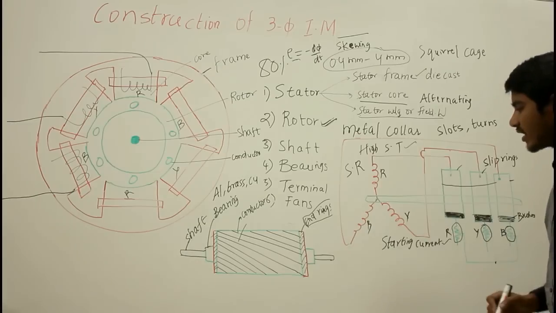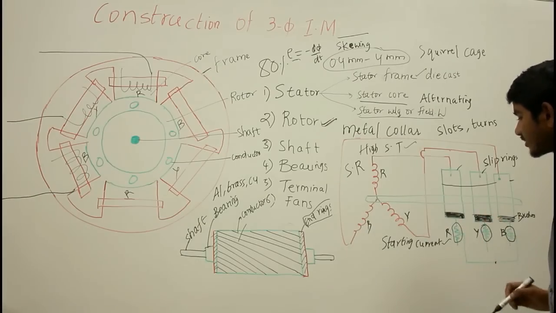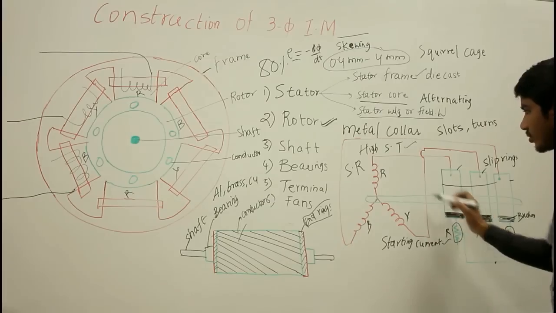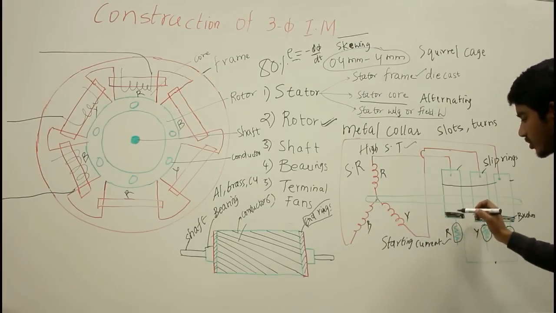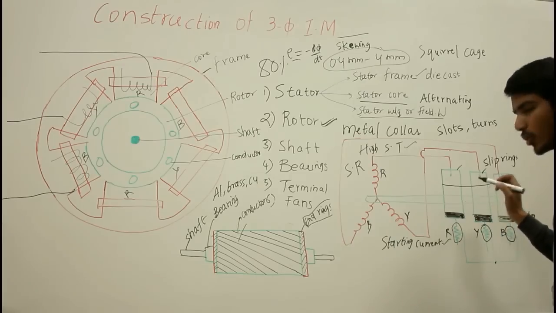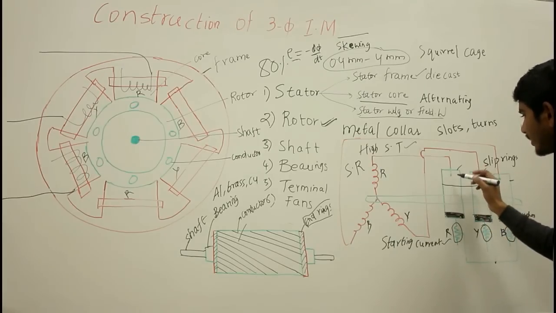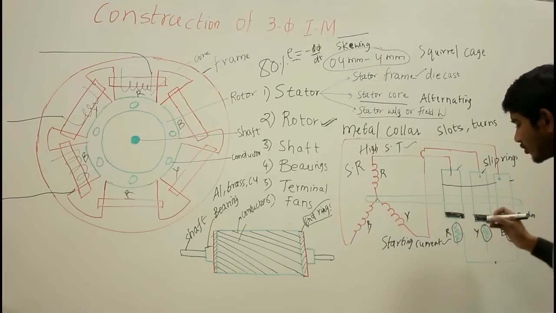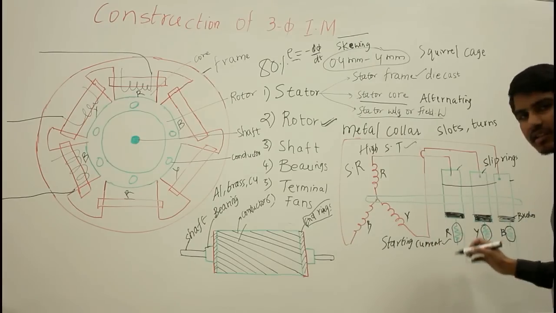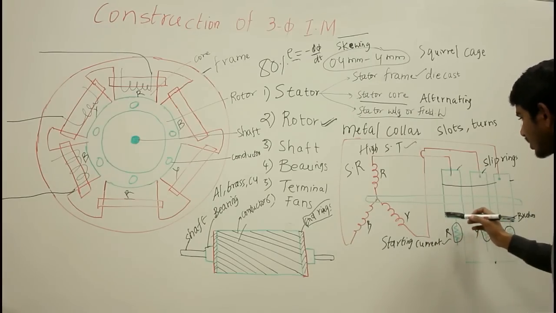Initially when starting the motor, the external resistances are connected to the rotor windings through slip rings and brushes. The brushes are used for transferring power to and from the rotor, and the slip rings are used just for allowing the external resistances to be connected to the brushes.